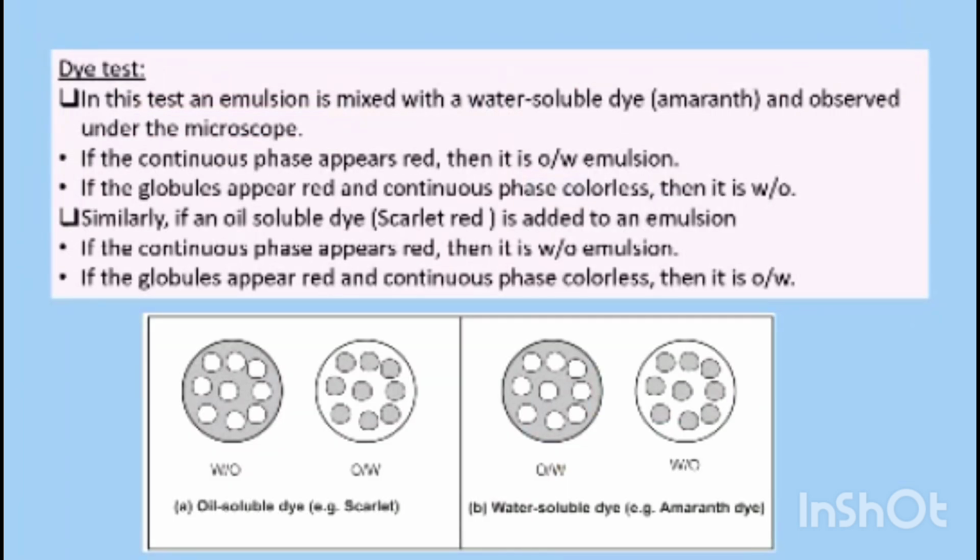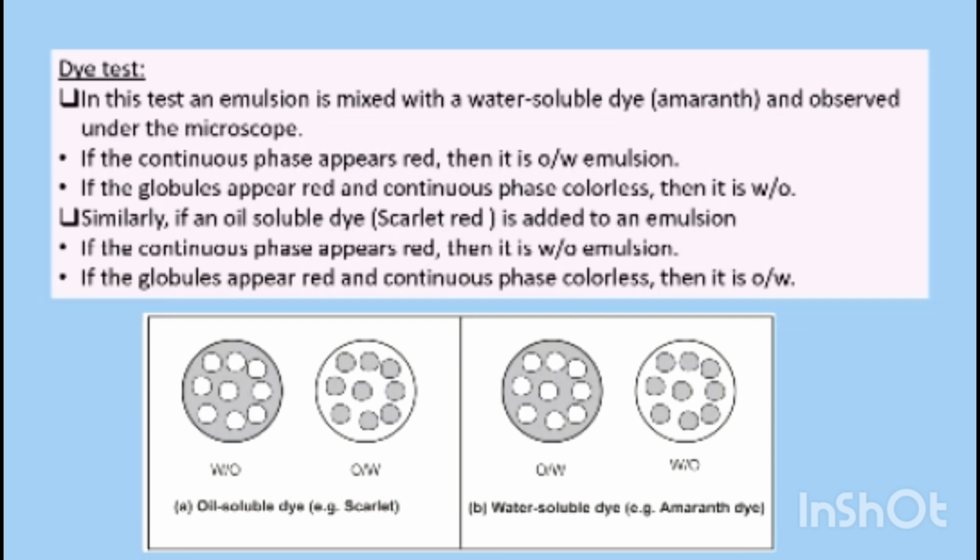Next comes the dye test or dye solubility test. Here we can mix a water soluble type of dye such as amaranth, which gives red or scarlet color, with the emulsion sample given to us and observe it under a microscope.